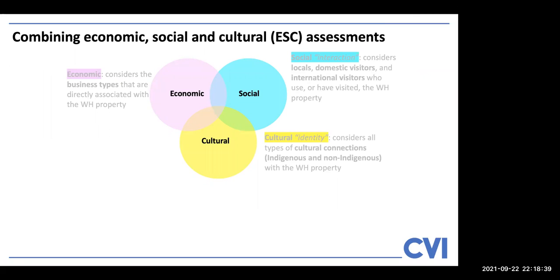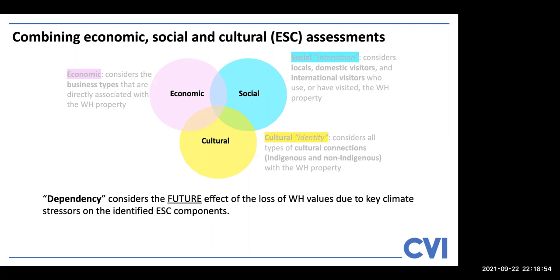We then combine these three factors, the economic, social, and cultural assessments, to lead us to our final assessment for the ESC dependency and the ESC adaptive capacity. The dependency term looks to the future. It looks and considers the future effect on the economy, society, and culture of the loss of World Heritage values due to the key climate stresses.